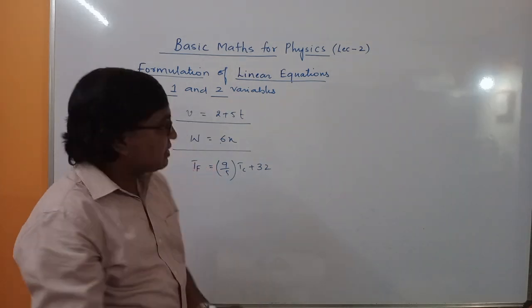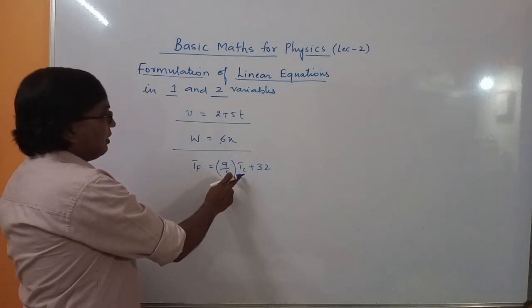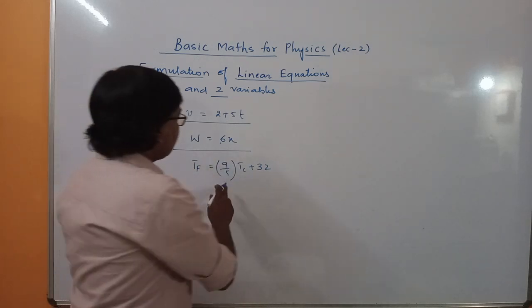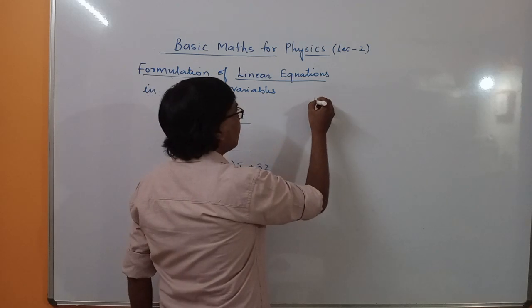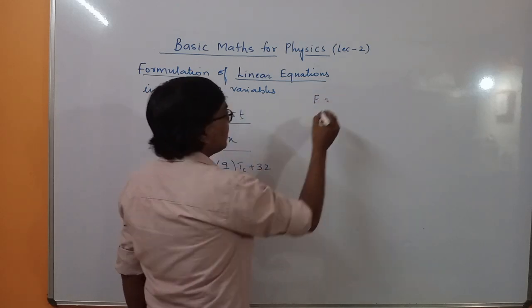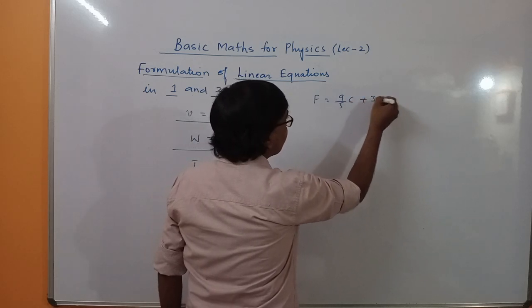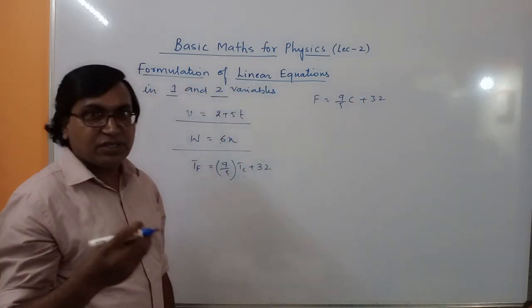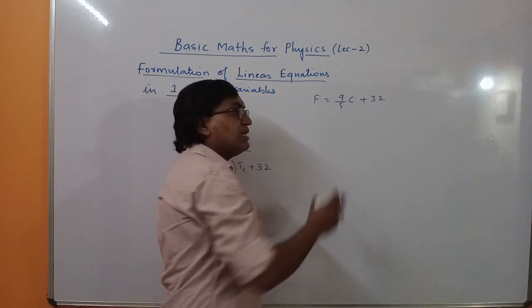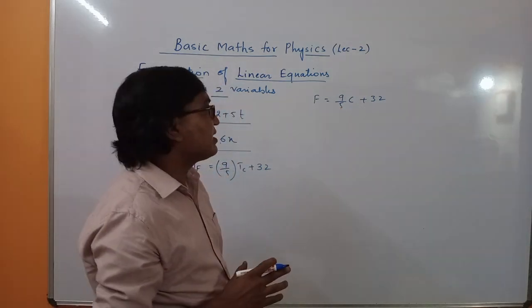So now let us take one problem based on this. For your understanding, we can write F equals 9 by 5 C plus 32, where F represents the temperature on Fahrenheit scale and C represents the temperature on Celsius scale.